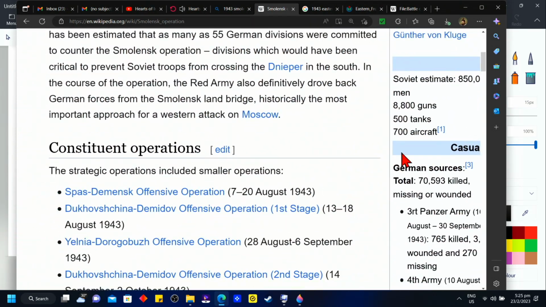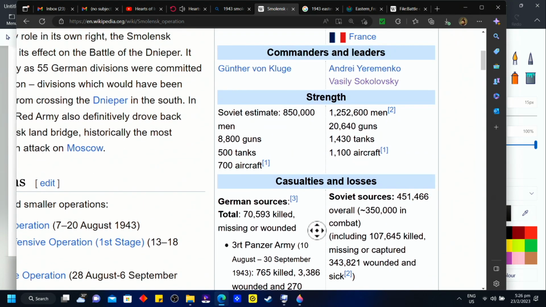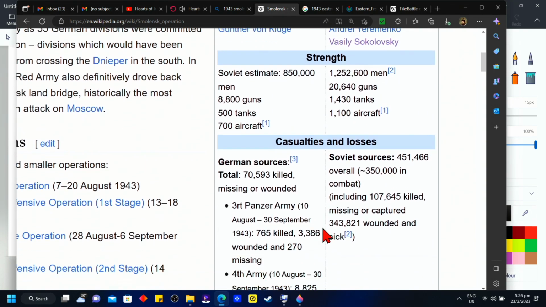You can see the Soviets have around 1,430 guns, 1,430 tanks. The Germans only have 500 tanks. So the Germans had limited armor reserve. So the German plan was to basically hold the line as much as possible and commit the limited reserve in a timely fashion. Planes, they also have less. So it was quite a fierce battle.